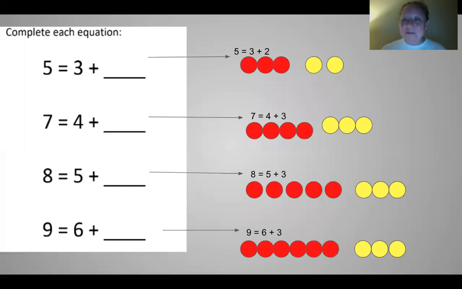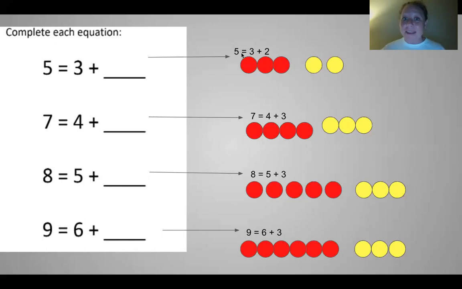I want to show you my thinking. I used my counters. So the first equation says 5 equals 3 plus blank. So I took my 3 counters that I knew I had because it says 3 plus blank. And then I used the strategy of counting on until I got to this number, 5.